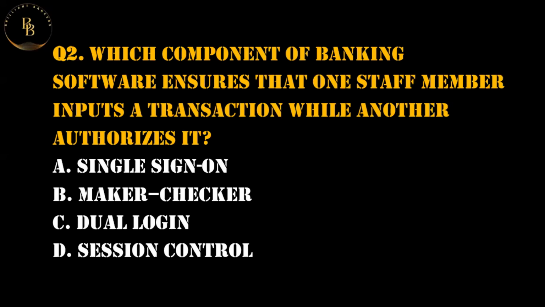And the answer is option B, maker checker. The maker checker control enforces dual authorization, preventing errors or frauds by requiring two independent actions. It supports internal control objectives under the operational risk framework recommended by the RBI's IT governance guidelines.